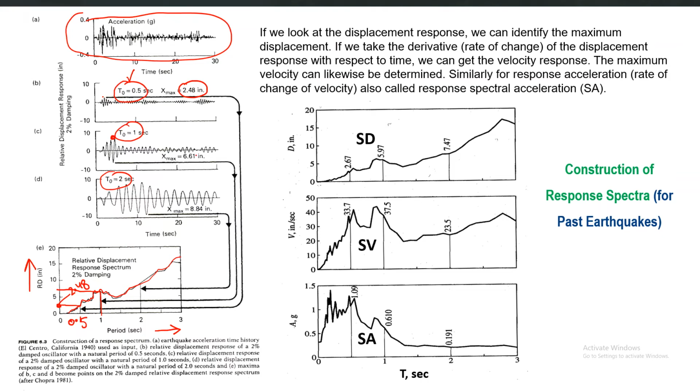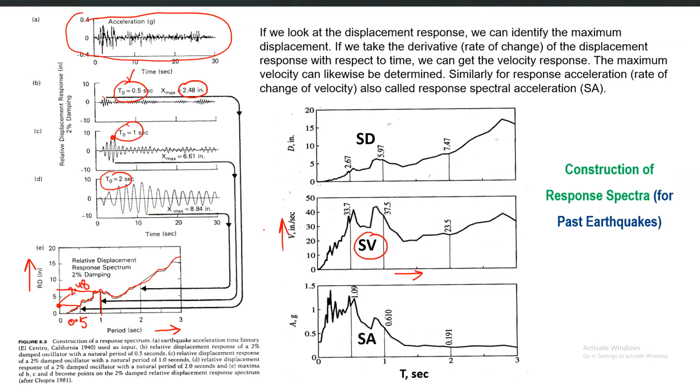But we can also plot the velocity and acceleration response spectrum, because we can perform the dynamic analysis of single degree of freedom systems with different time periods, and every time we pick, let's say, the peak velocity and plot it on the y-axis with time period on the x-axis to calculate what we call the velocity response spectrum.